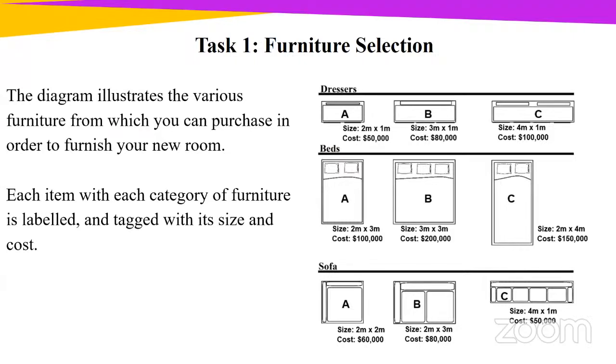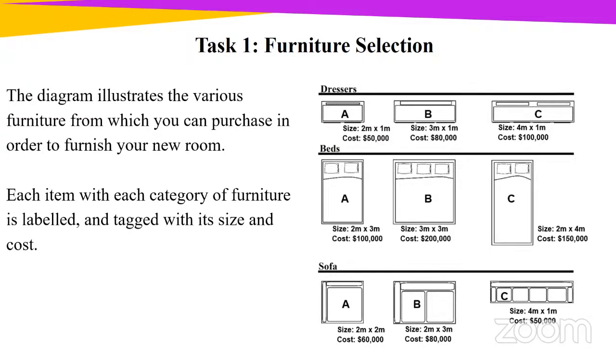All right, I'm going to ask Zuri to respond. Zuri, I'm unmuting you. In terms of size, which one would be the smallest? Yes. 2M times 3M. And the cost is $100,000. Okay. Zuri, what do you think the M means?